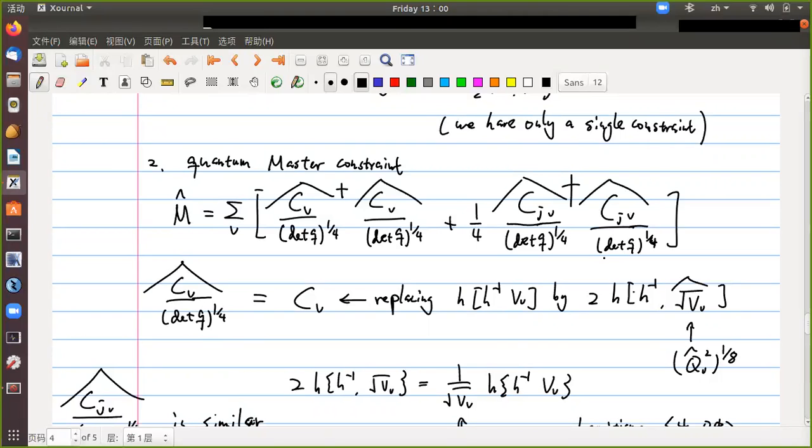This dense domain is just the states which are linear combinations of spin networks, right? So first you have spin networks, and finite linear combinations of spin network states give you a dense domain in the Hilbert space. And then when you take the limit, consider infinite linear combinations of spin networks, and you get the entire Hilbert space, right?